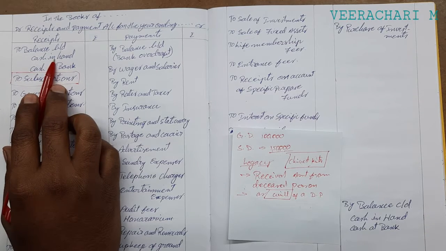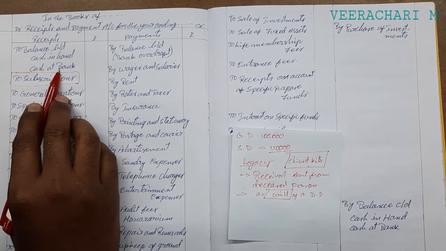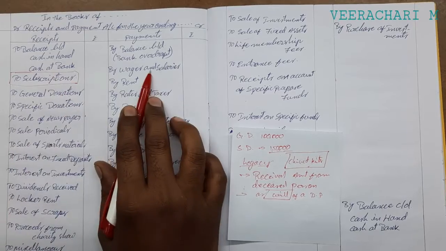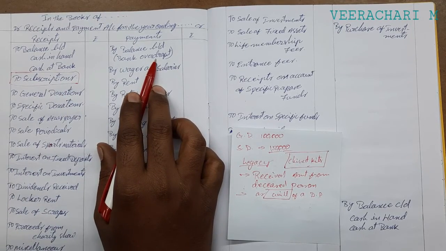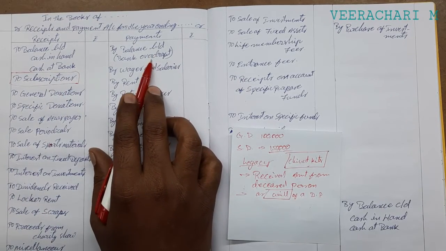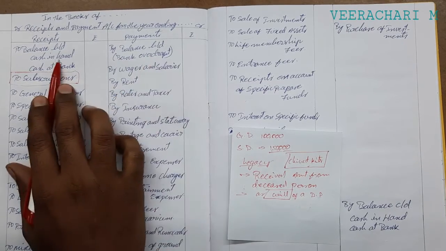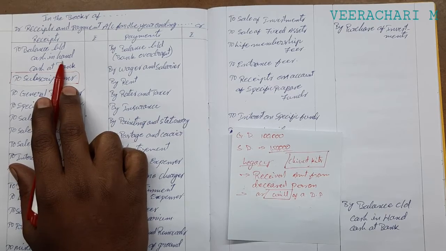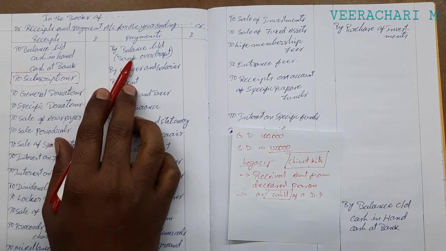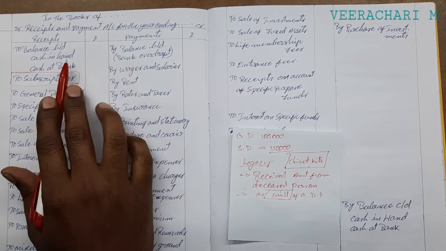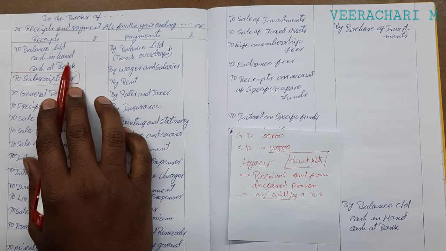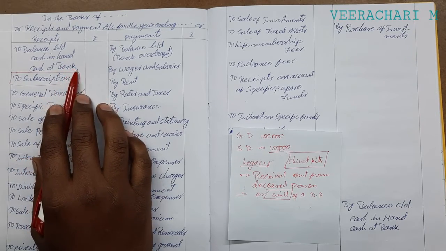Maybe at most it is zero, but not negative. But the bank balance may be negative because of taking an overdraft facility from the bank. So it is a negative bank balance, but not a negative cash balance. That should be remembered.